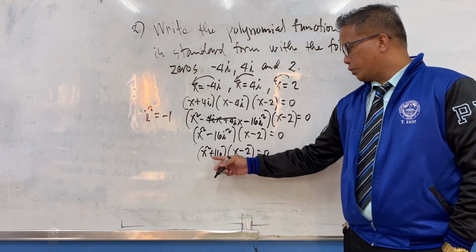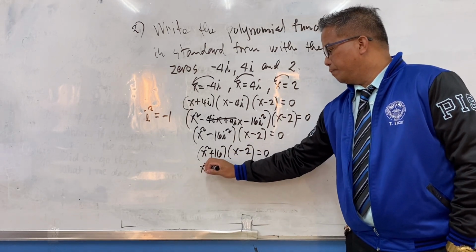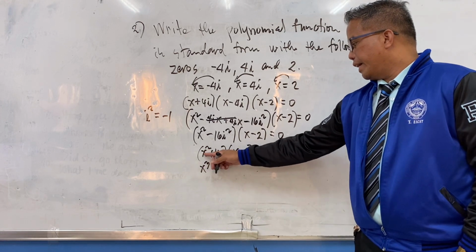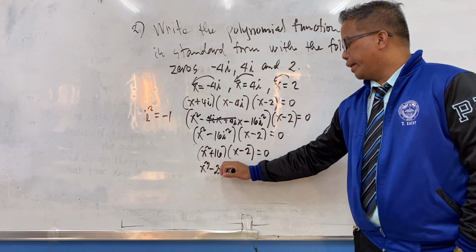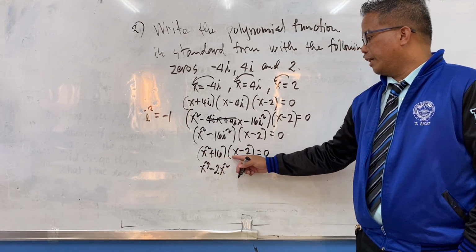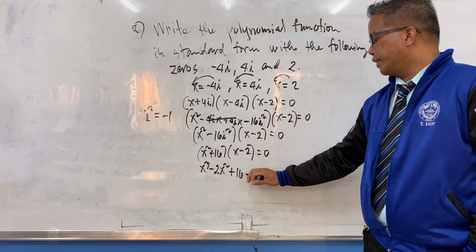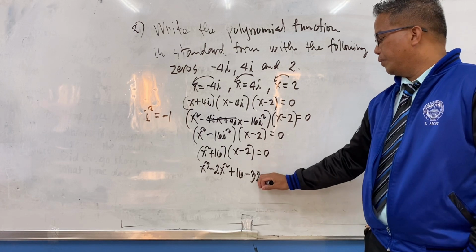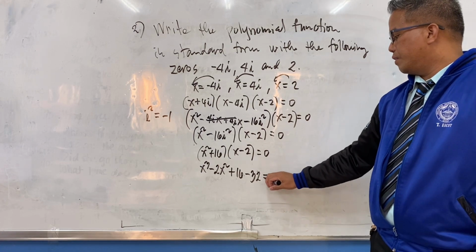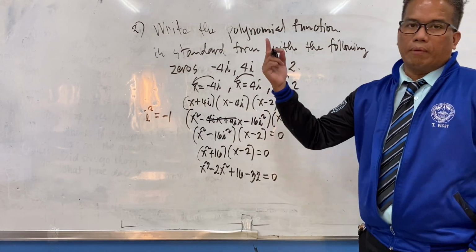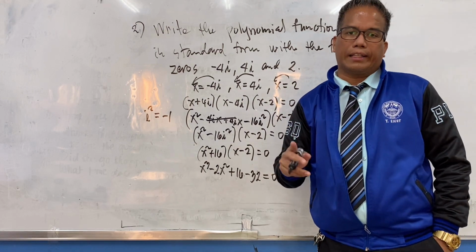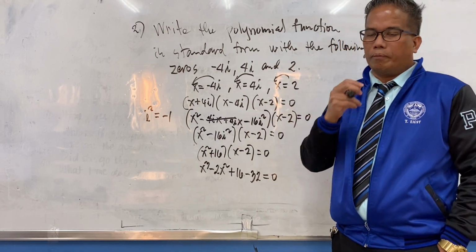So multiply x squared times x equals x cubed. Then x squared times negative 2 equals negative 2x squared. 16 times x equals 16x. Then 16 times negative 2 equals negative 32 equals 0. Then going back to the question, you are going to write this polynomial function in standard form.